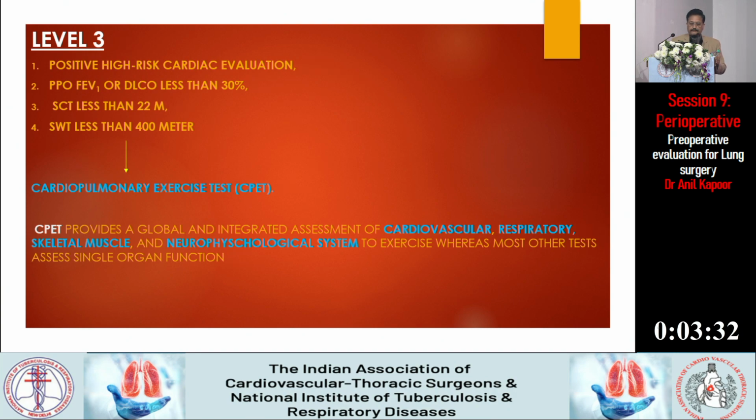If the postoperative cardiac evaluation is high risk, or there is predicted FEV1 and DLCO less than 30%, or the stair climbing test is less than 22 meters, or the shuttle walk test is less than 400 meters, then the patient should be subjected to cardiopulmonary exercise testing, CPET, which tells you about the cardiovascular, respiratory, skeletal muscle, and neurophysiological systems.